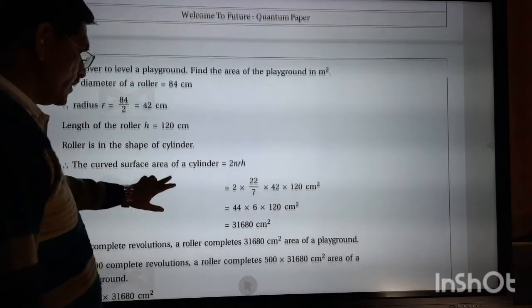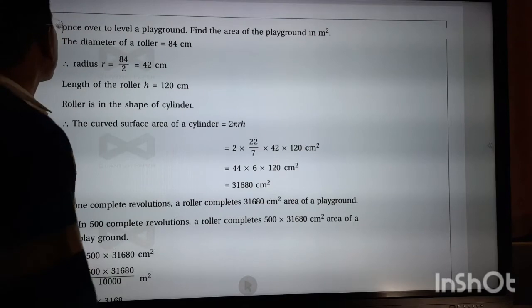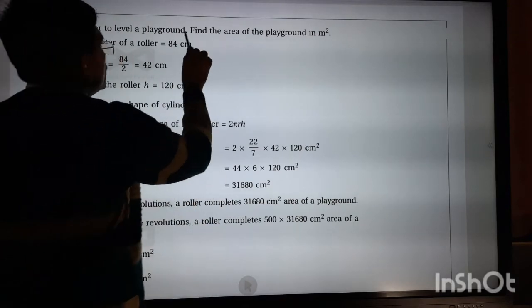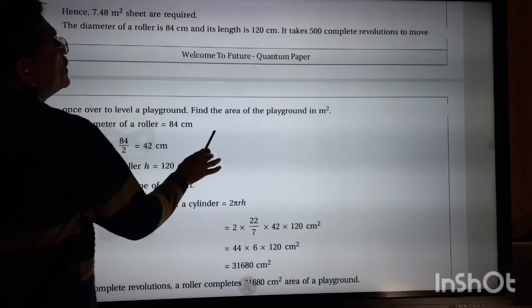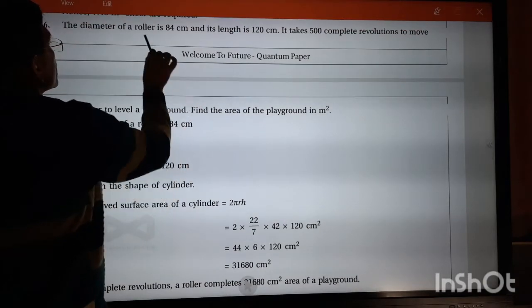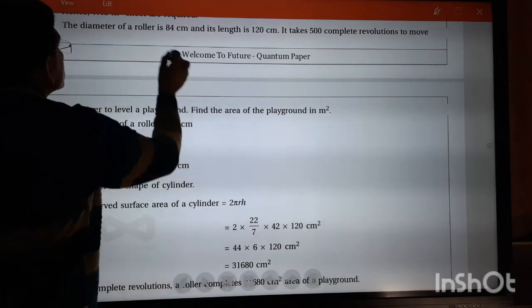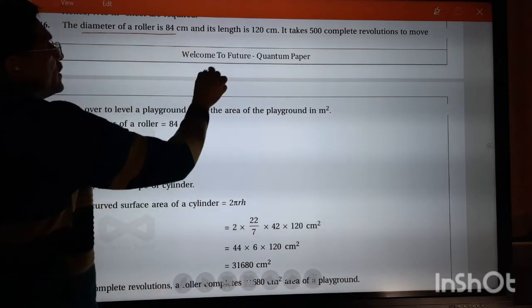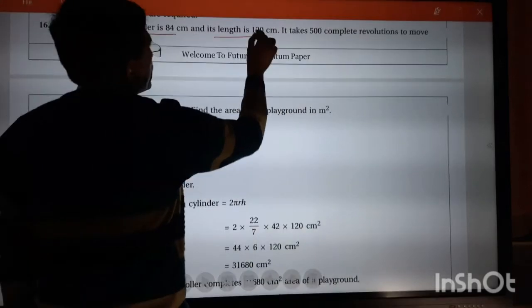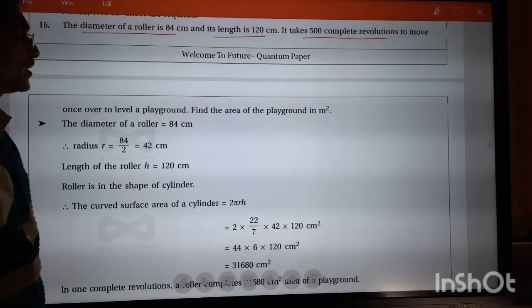Completing the revolutions is also important for us. The question is: the diameter of a roller is 84 centimeter, length is 120, and it has to complete 500 revolutions.